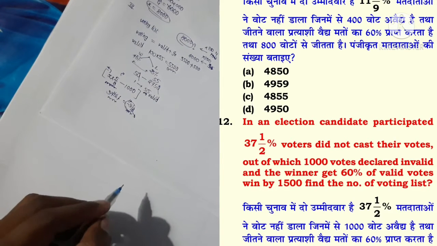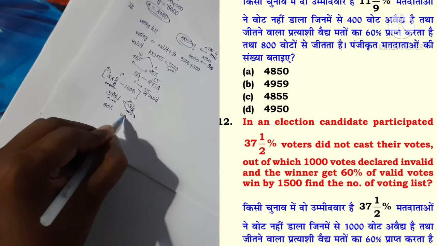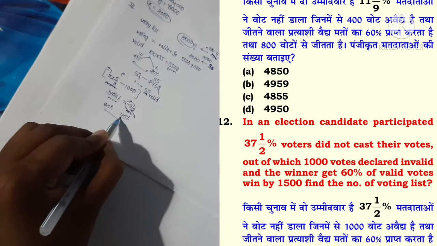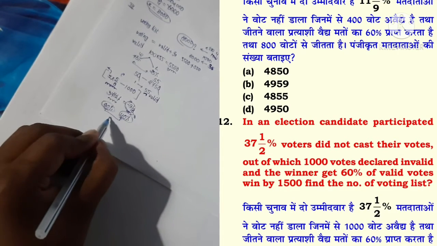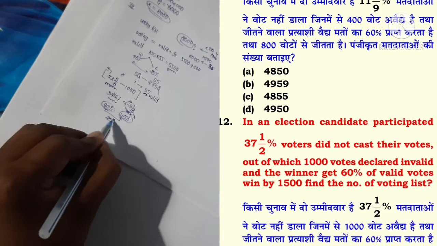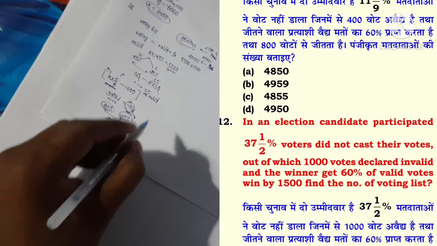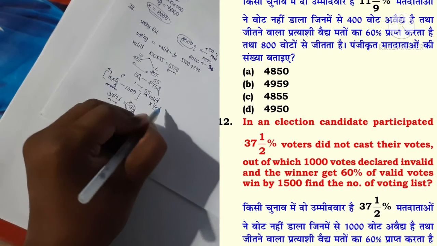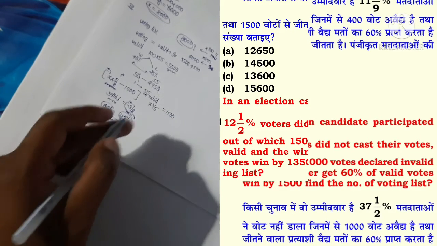So the winner gets 60%. That means the losing person gets 40%. So majority is the difference of winning minus losing. The difference is 20%. So 20% is equal to 1 by 5. So (x into 5 by 8 minus 1000) into 1 by 5 is equal to 1500.